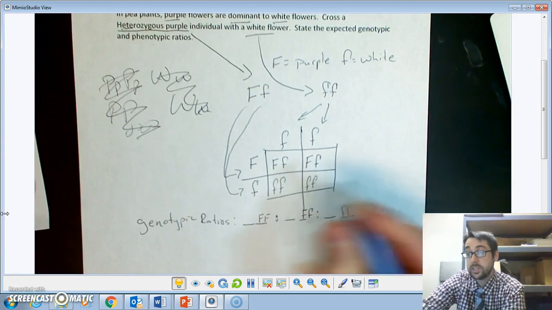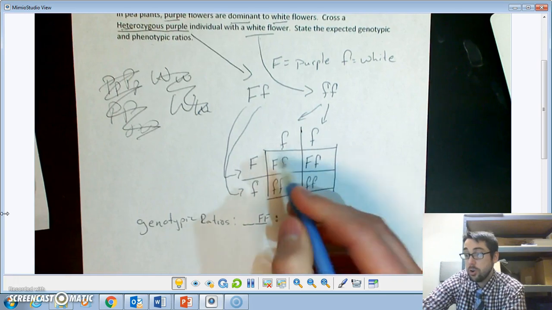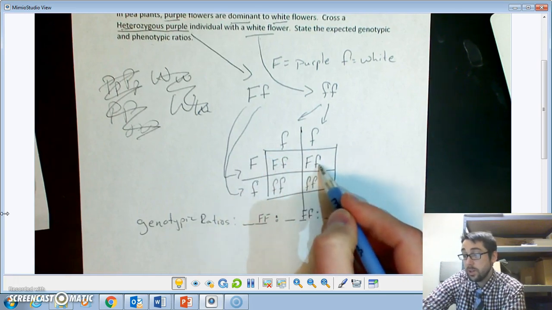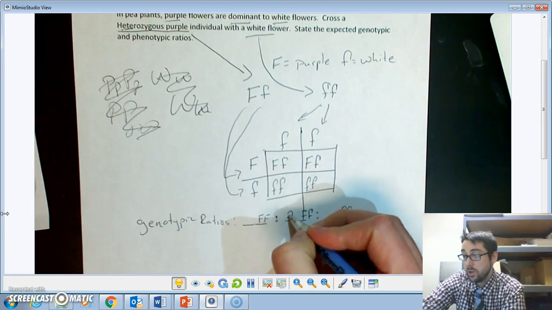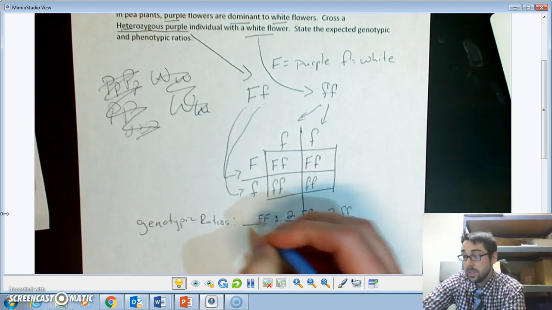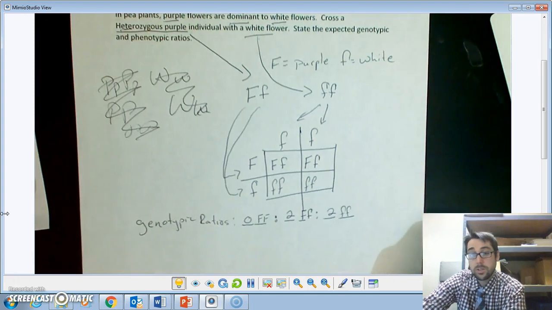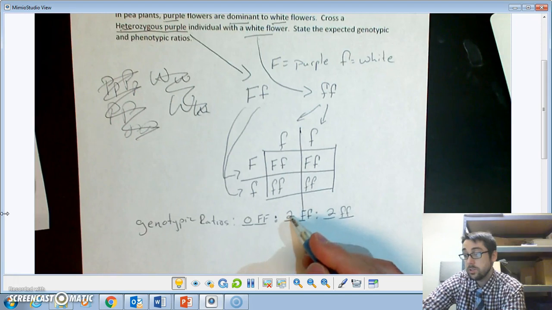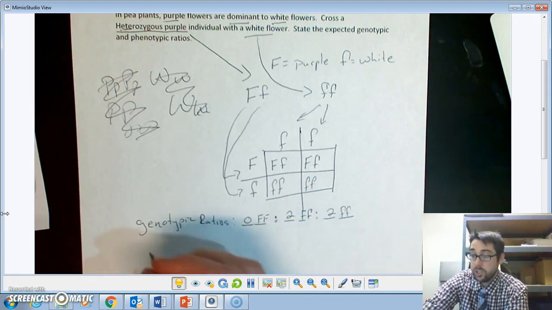Okay, so we're just looking at the genotypes themselves. So this is big F, little f, big F, little f. So we have 2 heterozygous, and we have 2 homozygous recessive, and 0 of the homozygous dominant. So our ratio is 0 to 2 to 2 for genotypic.